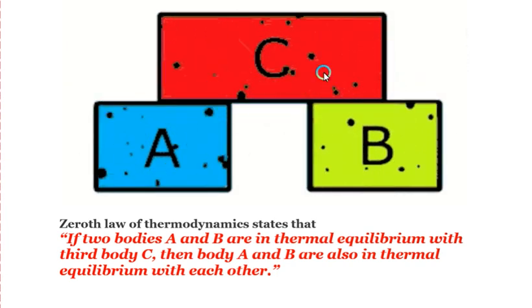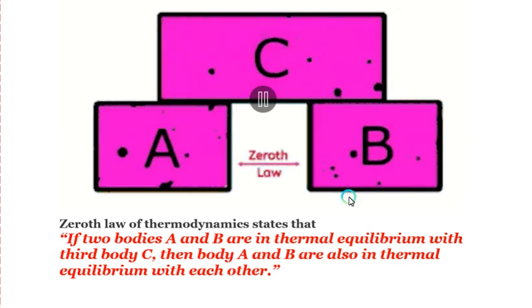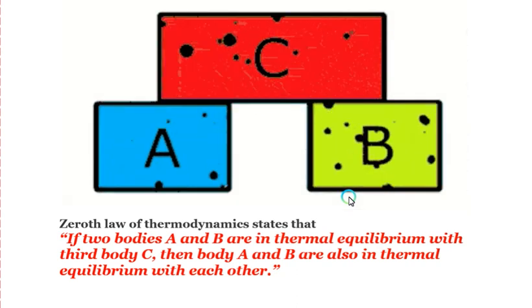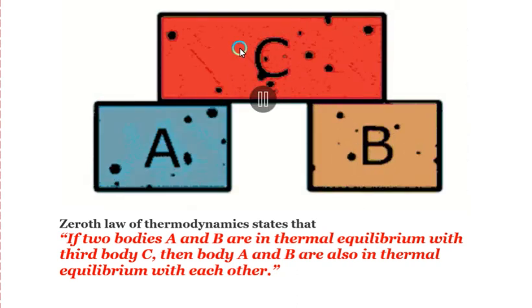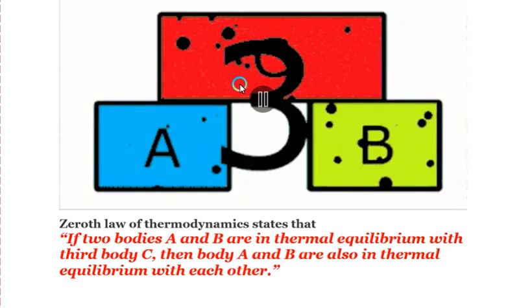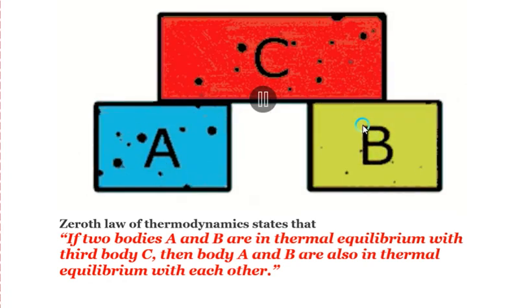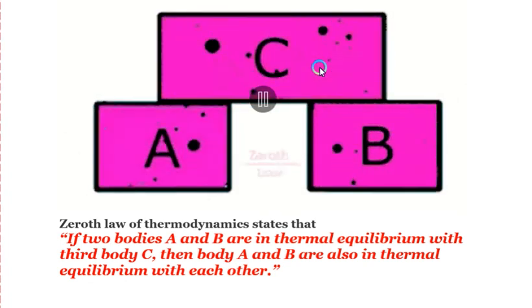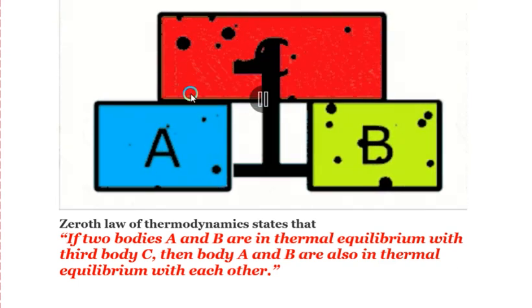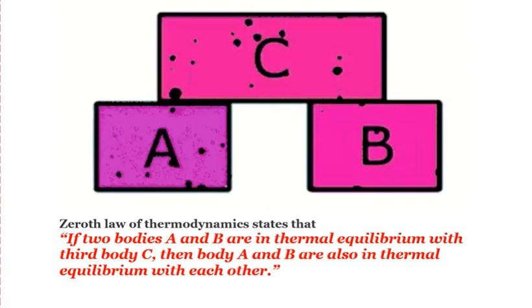Take note that after quite some time or after a few minutes, body A will be in thermal equilibrium with your body C. And same way, body B, ma-thermal equilibrium naman siya with your body C. Depende kung sin-o ang mauna sila nga duha. But equilibrium ang A to C, may equilibrium man ang B kag C.